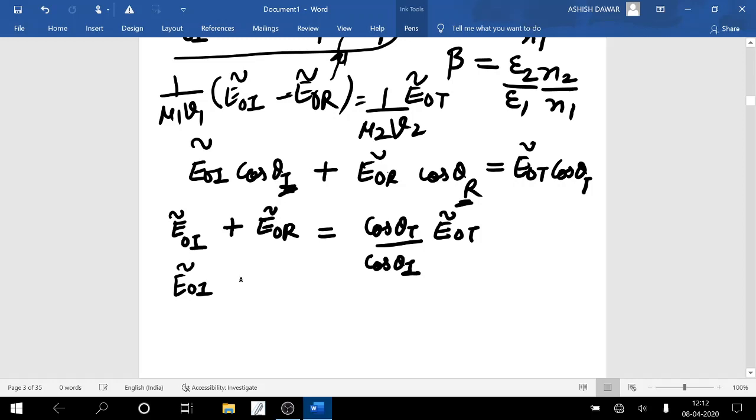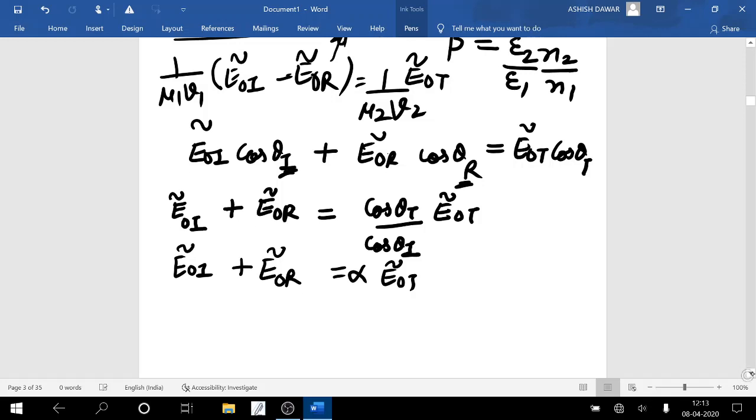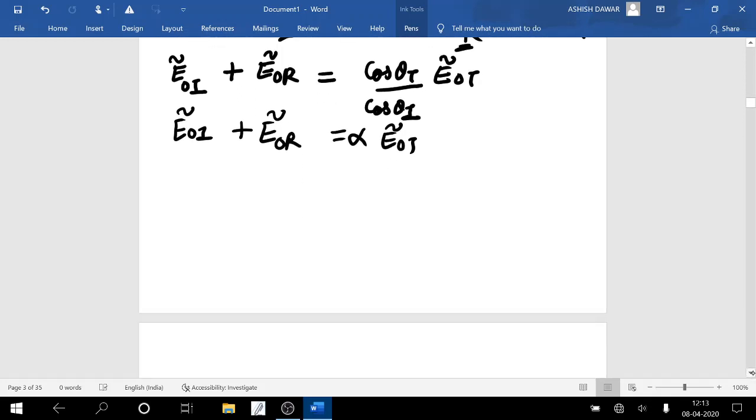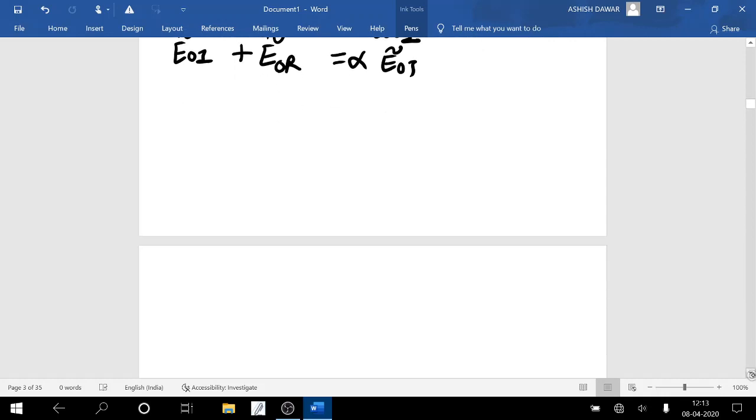So we get two equations: E0i minus E0r equals beta E0t, and E0i plus E0r equals alpha E0t. We solve these for E0t and E0r as in previous cases.